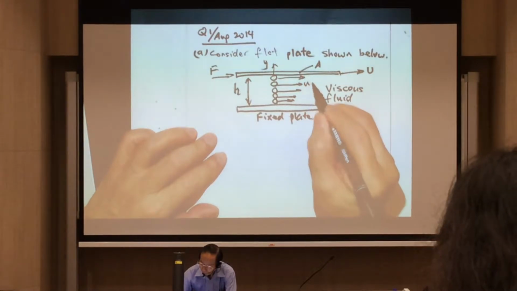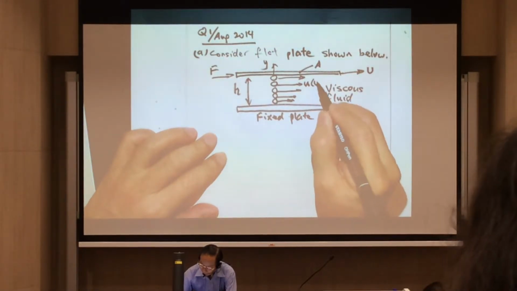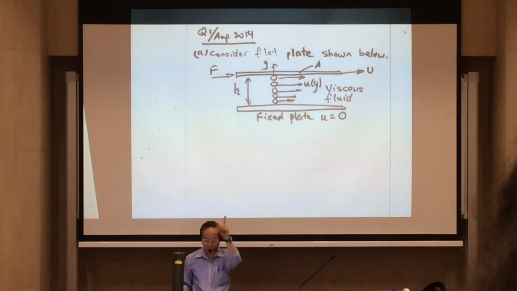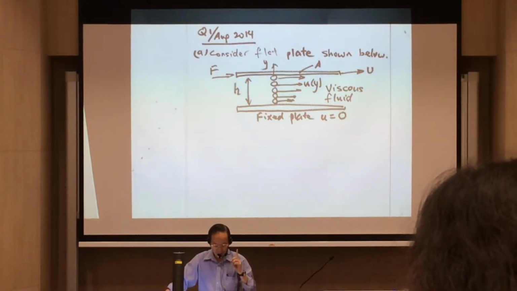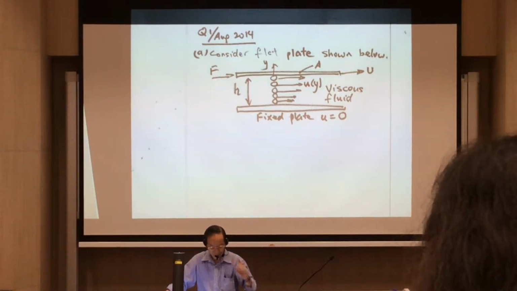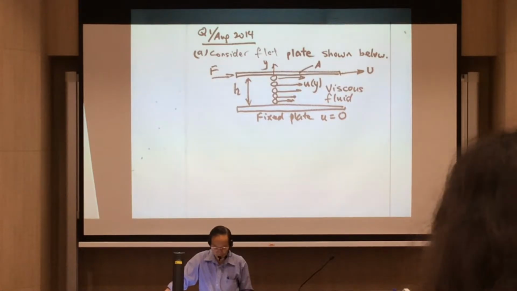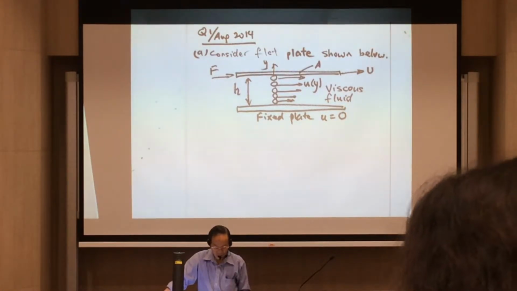Okay, small u is a function of y. It's a function of the distance towards the top plate. Okay.